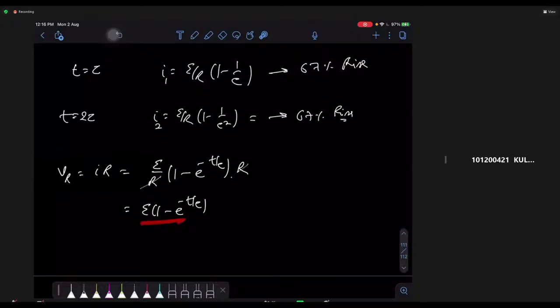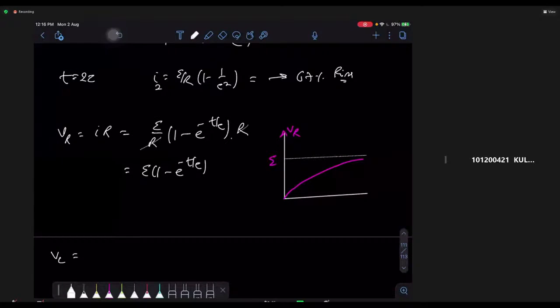I can say the potential is rising exponentially. In the beginning there is no potential across the resistance, and slowly the whole of the battery voltage will be dropped across the resistance, right?